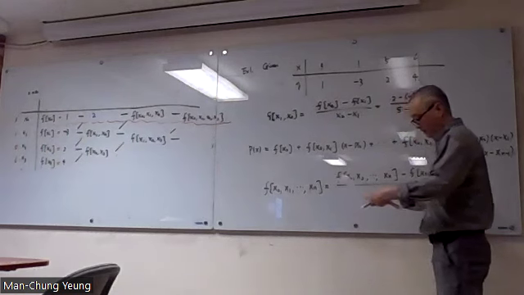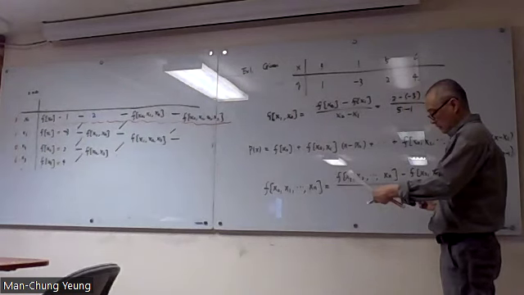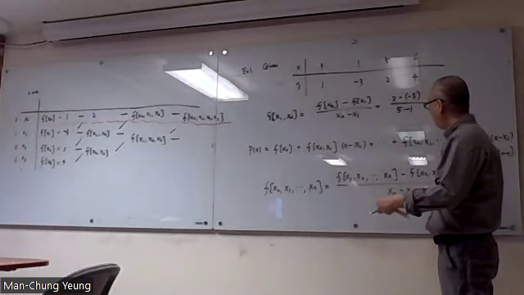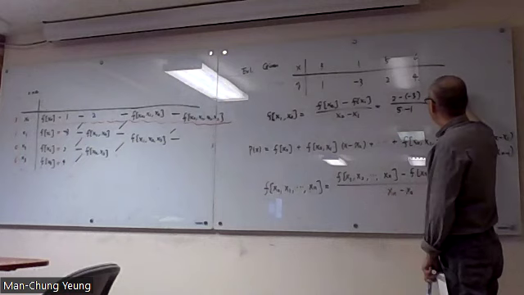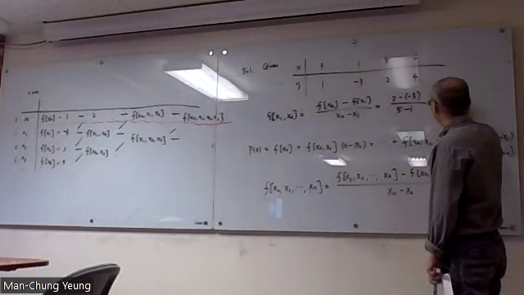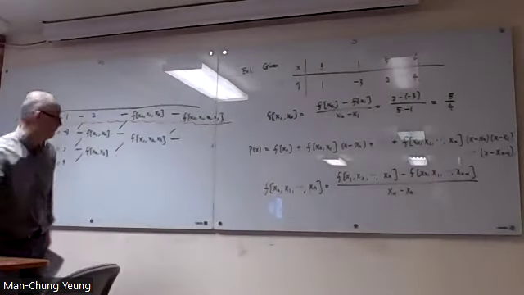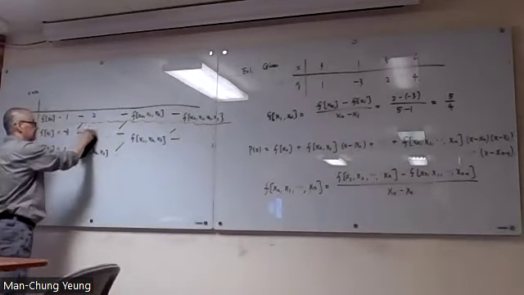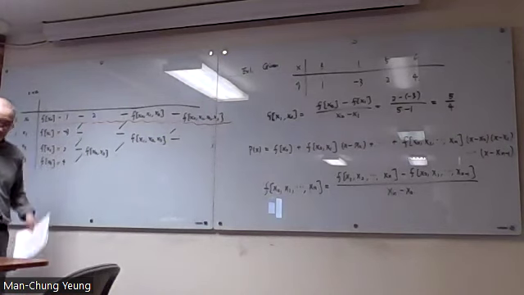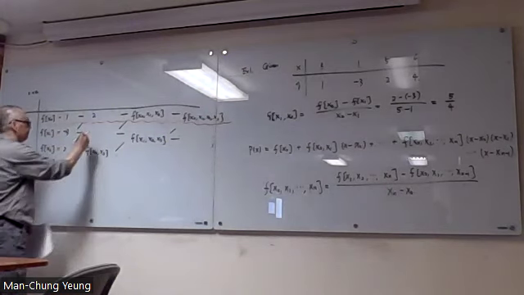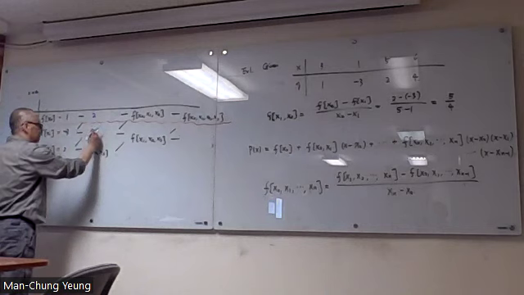This is 5 over 4. Okay, this number is 5 over 4.